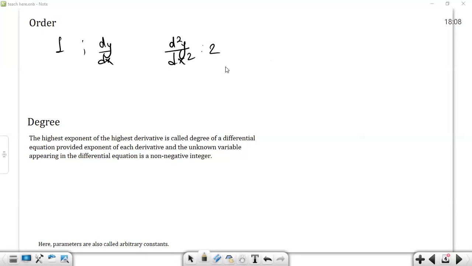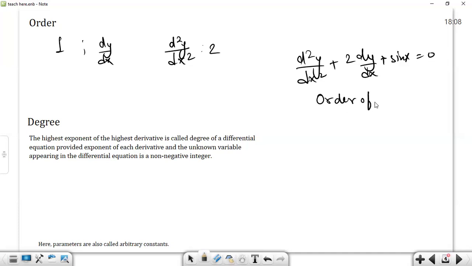Okay. And what if both are mixed in an equation like this? Then what will be its order? The order will be decided on the basis of the highest order derivative which is present in the equation. So if the highest order derivative is of 2, the order of the differential equation will be 2.